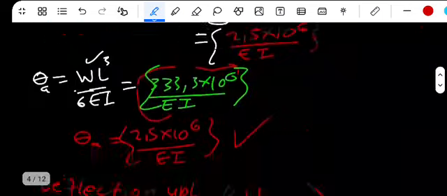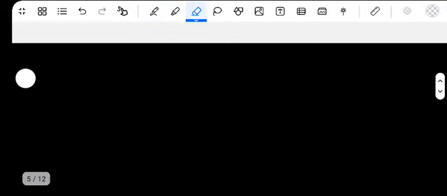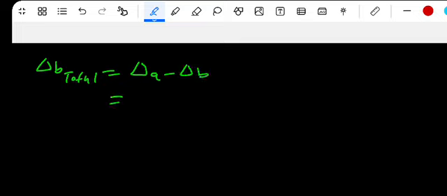So the total deflection at B, the total one, must be the deflection at A minus the deflection at B. Together it was here 2.5 times 10 to the power of 6 divided by EI.